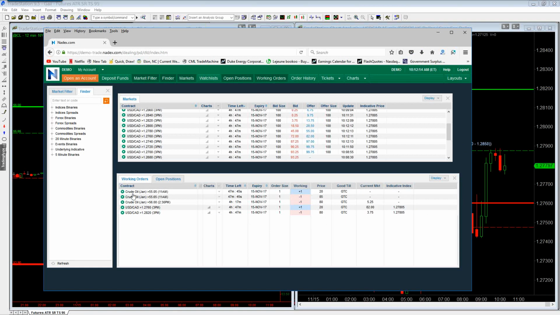So for example, on the crude 55.05, if price reaches down to 20, then I could potentially get filled. Or if the crude long position reaches a value of 85, I could be filled as well. So you don't always have to wait for expiration.